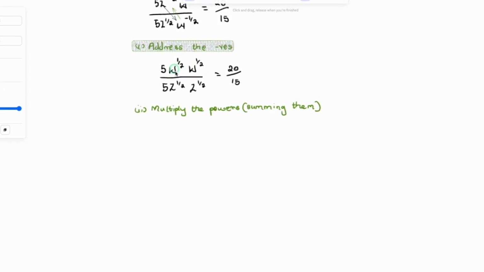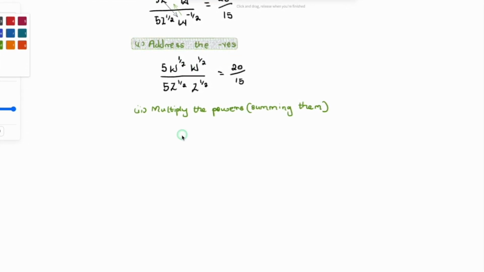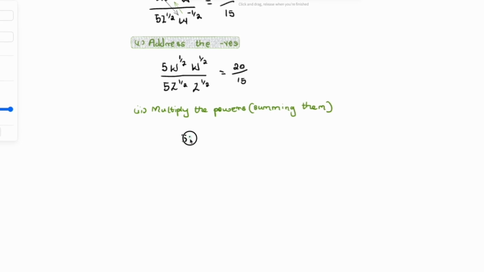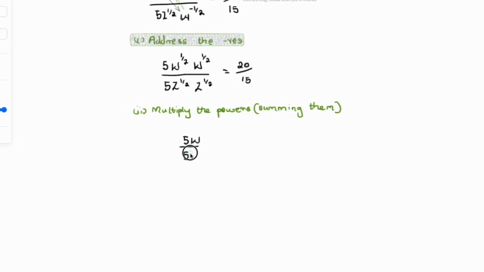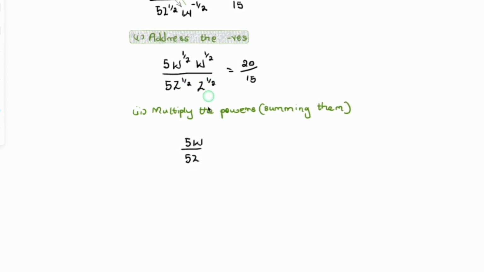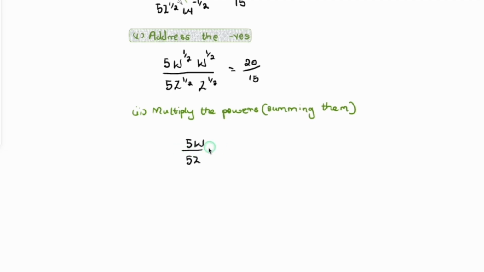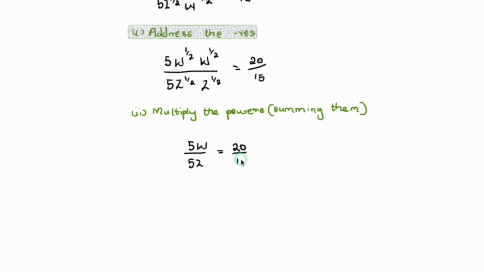So it's essentially a half plus a half. So my new equation will become 5. Half plus a half becomes 1. No need to write the 1. 5 over 5z, same thing. A half plus a half is now 1. No need to write it. So 5w over 5z equals to 20 over 15.